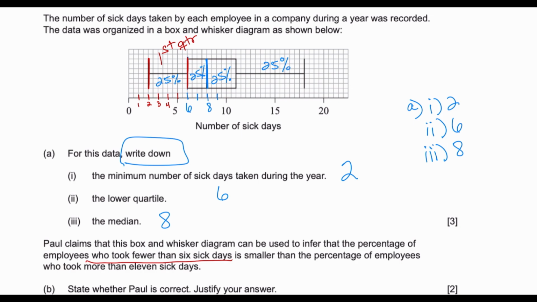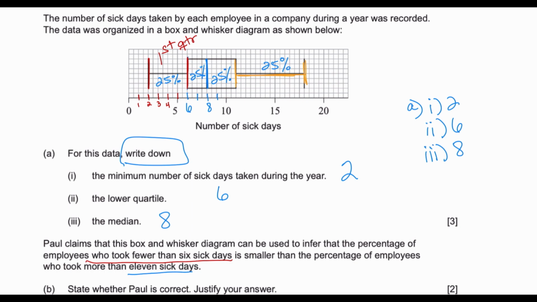So right now, the percentage of employees who took fewer than 6 sick days is 25%. And if we look at the percentage of employees who took more than 11 sick days, which is going to be right here, then that means that we also have 25%, and that would be our 4th quarter.